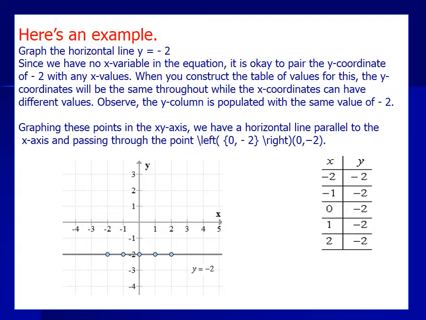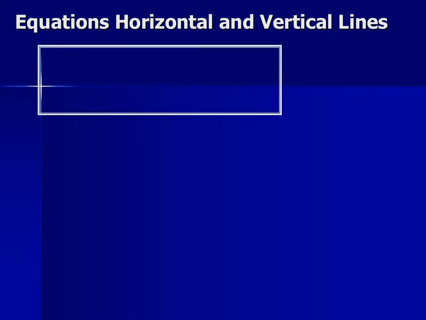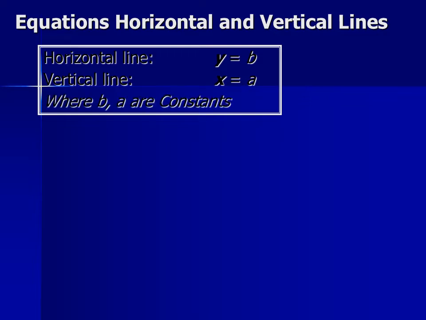So now we know the equations for horizontal and vertical lines. For horizontal lines, the equation is y equal b. For the vertical line, x equal a, where b and a are constants. Let's take more examples.